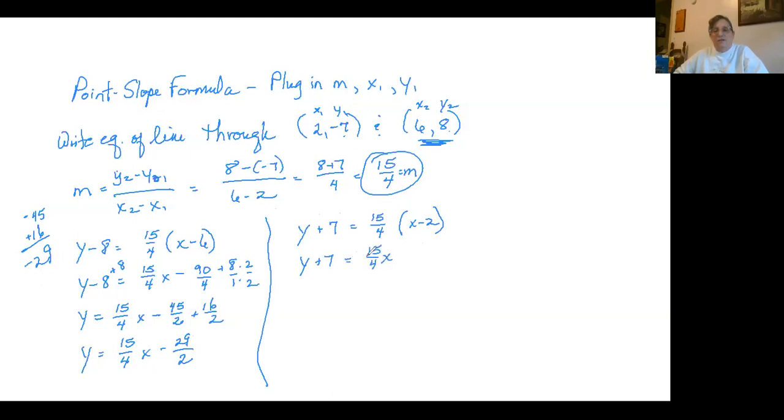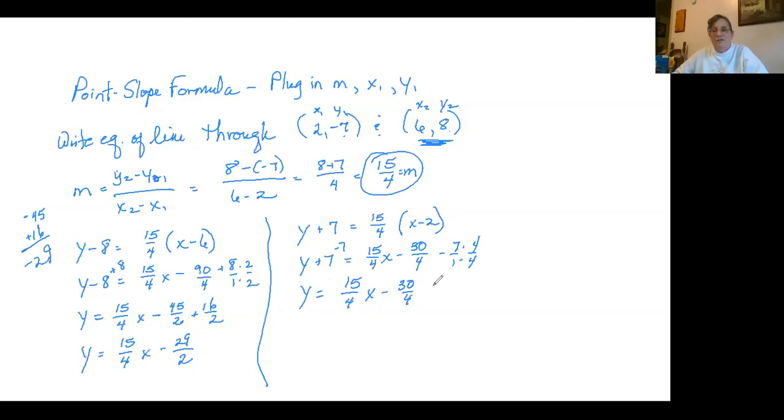Of course, we already knew it was going to be 15 fourths x minus 30 over 4. Subtract 7 from both sides. Well, I could reduce that, but it doesn't matter when I do it. So 15 fourths x minus 30 fourths.